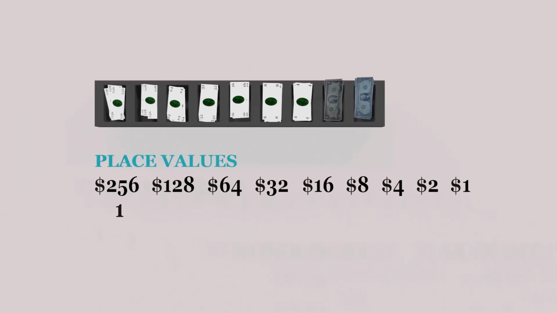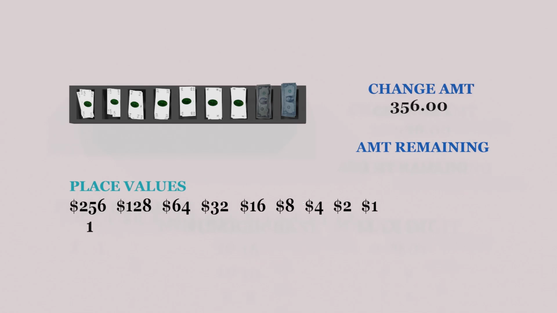We've given out one $256 bill in change. To find out how much we have left to give out in change, we subtract 256 from the amount of change we started out with, which was $356. Performing the subtraction gives us 100. We have $100 left to give out in change.